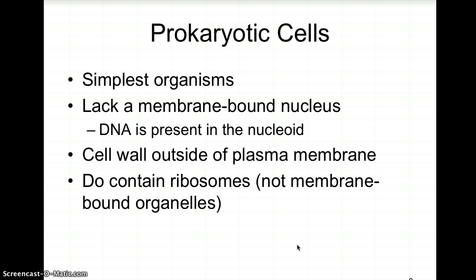So let's begin with prokaryotic cells. They are the most simple organisms. As I mentioned, they lack a membrane-bound nucleus, which means they have circular DNA, and that DNA is found within the cytoplasm around the middle, but not exactly like it is in the eukaryotic cell. There is a cell wall in certain prokaryotic cells, not all, and they definitely contain ribosomes.